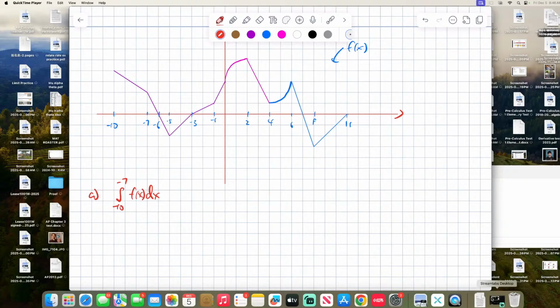From -10 to -7, this one should be pretty easy. I can tell you it's not a rectangle and triangle.